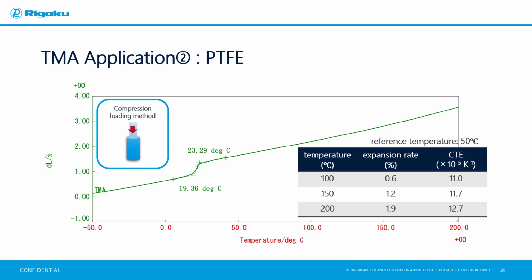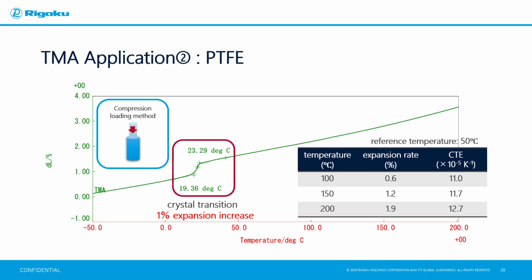The CTE of PTFE is one order of magnitude larger than that of the glass shown, indicating that PTFE exhibits greater shape changes with temperature variation. Also, the TMA curve for PTFE shows a rapid increase in expansion rate of approximately 1% between 20 degrees Celsius and 25 degrees Celsius.